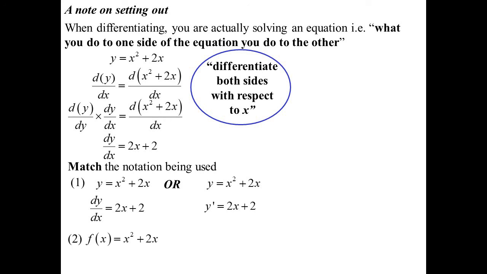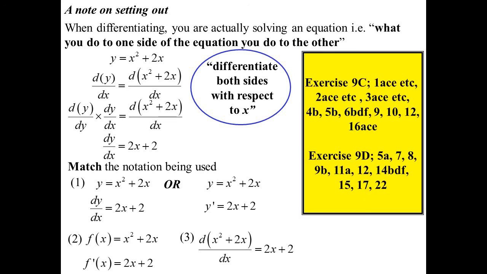If it says function x, then I'm going to answer with f dash x. If it says d of x squared plus 2x dx, then I'm just going to write the answer down, because I'm saying this is equal to 2x plus 2. Just like we see here. When we differentiated it, we just wrote 2x plus 2. So that's what we shall be working on.